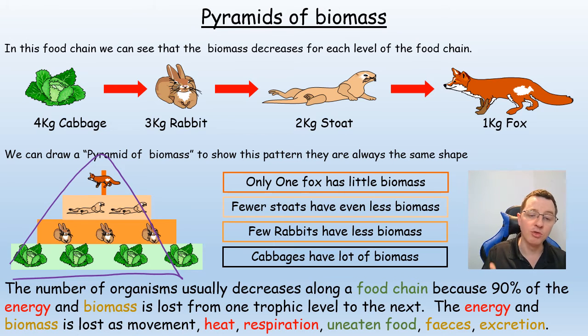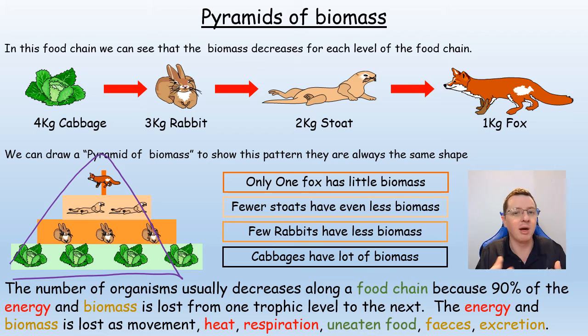And this is because the number of organisms usually decreases along the food chain, because 90% of the energy and the biomass is lost from one trophic level to the next. The energy and the biomass is lost as movement and heat and respiration. It's lost in uneaten food, in feces, in excretion of urea or excretion of carbon dioxide and sweat.